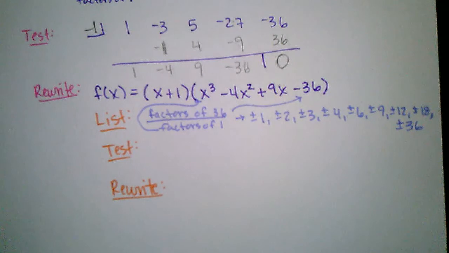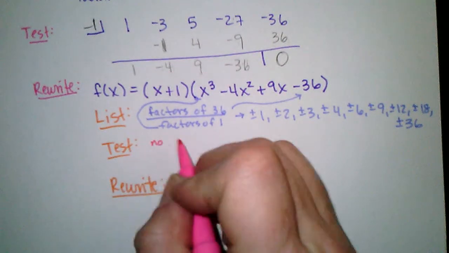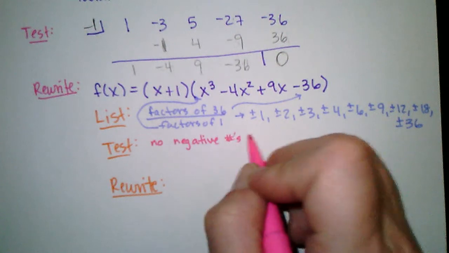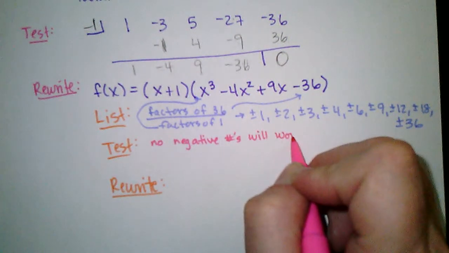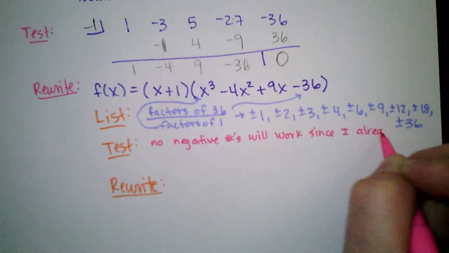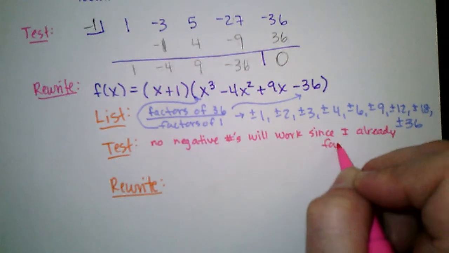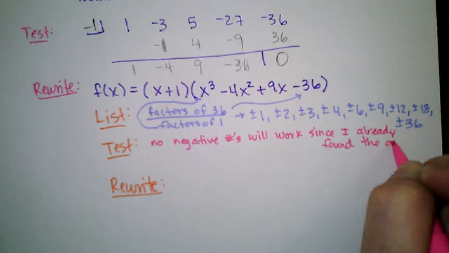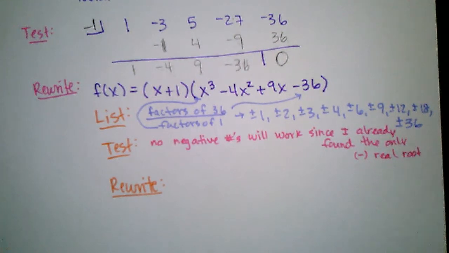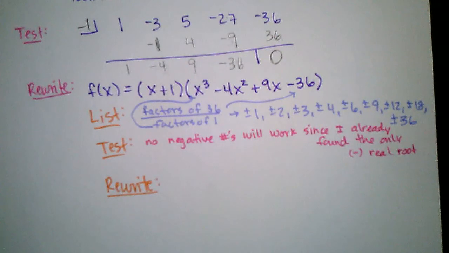So when I go to test, I know that no negative numbers will work, since I already found the only negative real root, because there was only one. So when I go to test, I'm not going to test any negative numbers. I'm only going to test positive numbers.